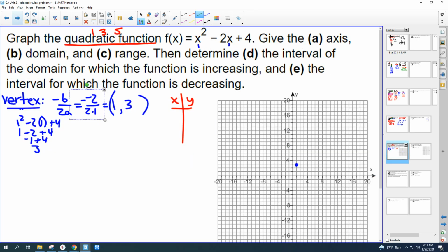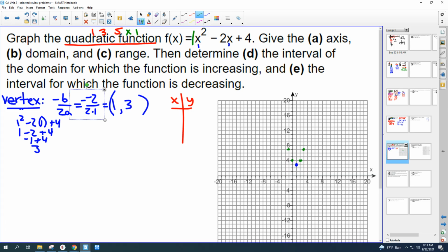If I can find the vertex, I can use that 1, 3, 5 pattern. The only thing you have to look at is this number right here. That's a multiplier. So if that coefficient is 1, I can just use the 1, 3, 5 pattern. What I mean by that is start at your vertex and go up 1 and over 1. And then from that point, go up 3 and over 1.